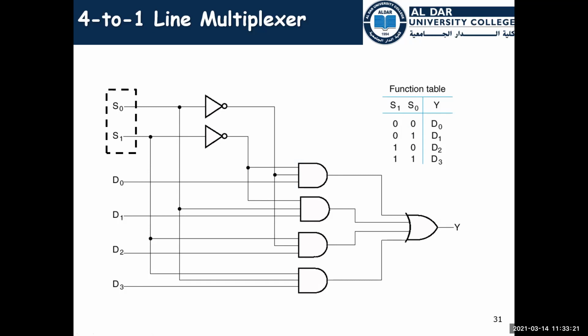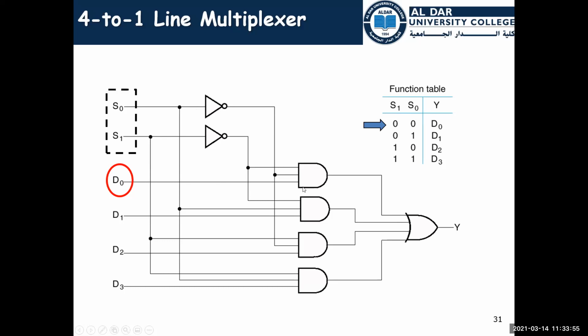Because we have different values of S0 and S1, for example, if they are 0, 0, this is going to activate D0.